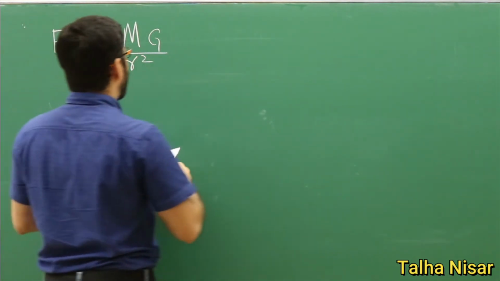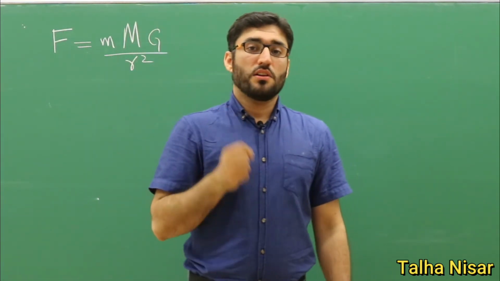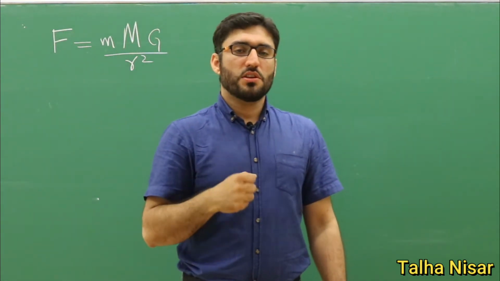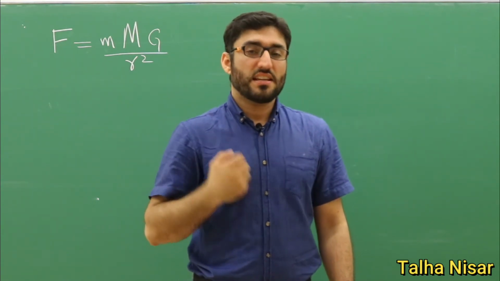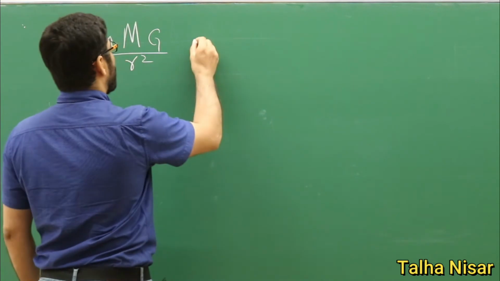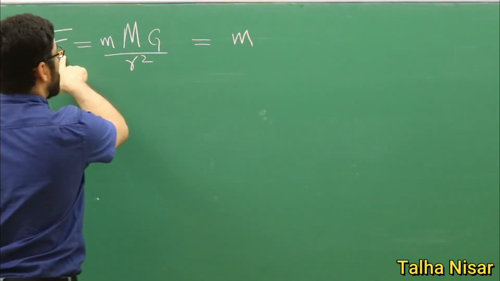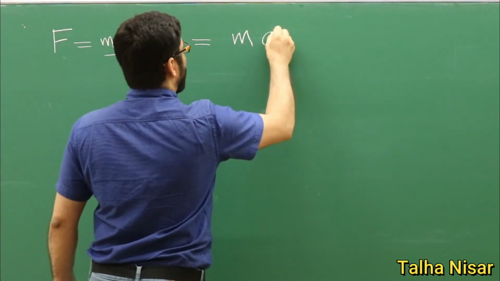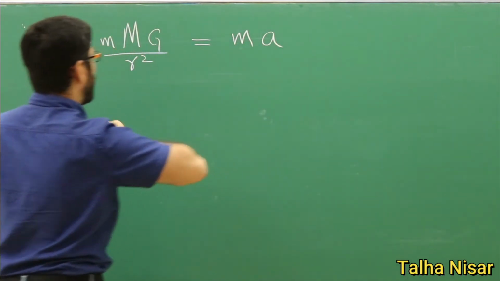We also know that according to Newton's second law, the force is equal to the mass of the object multiplied by the acceleration, F equals ma. So we can say that this force is equal to ma.